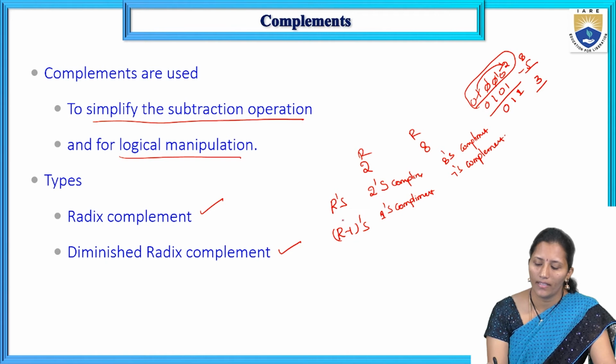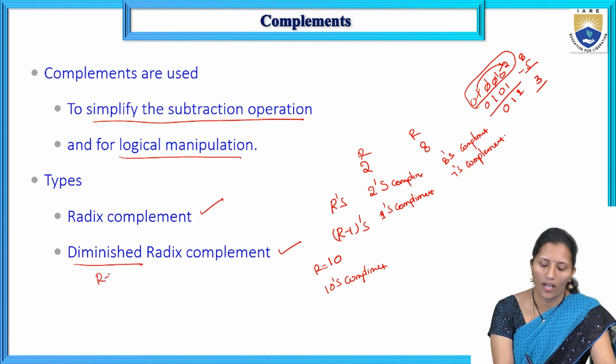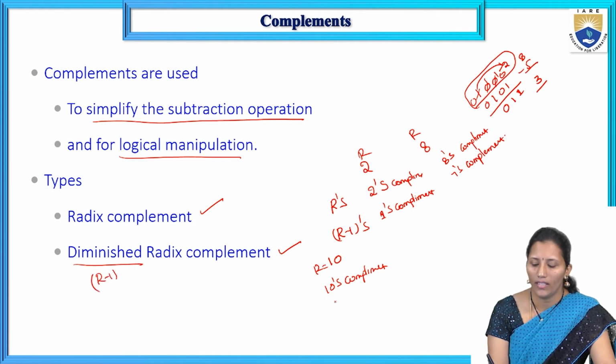Next, for the decimal system, the radix is 10. We can perform subtraction using 10's complement, or the diminished radix, r minus 1, that is 9's complement.